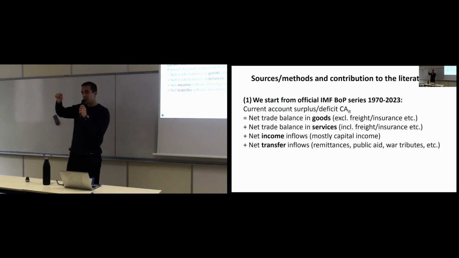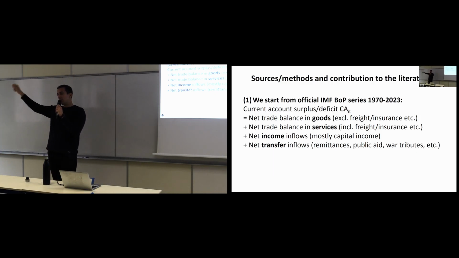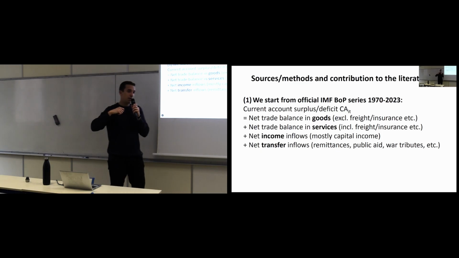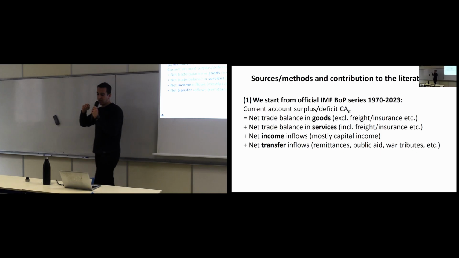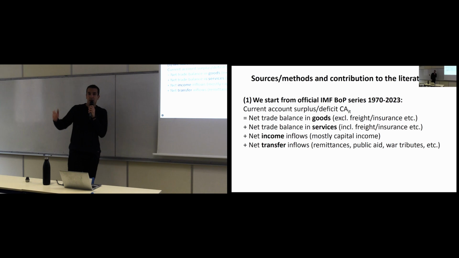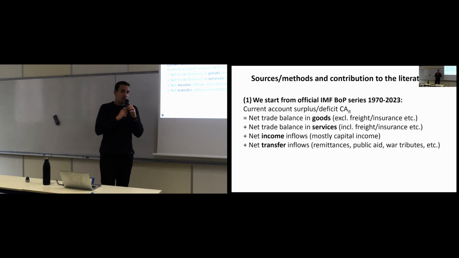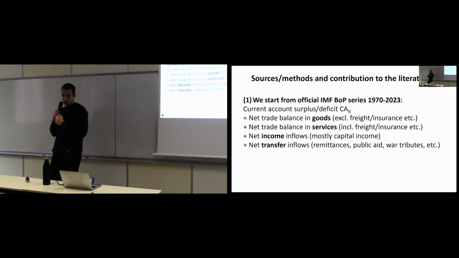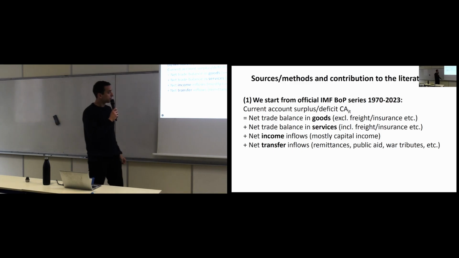So if you are French and have an investment in the US, and then the money comes back to France, that's a positive income flow for France and a negative income flow for the US. The same if you hold Argentinian debt and Argentina pays you the interest rate. That's an income inflow for the one that receives the interest payment, and an income outflow for the country that pays it.